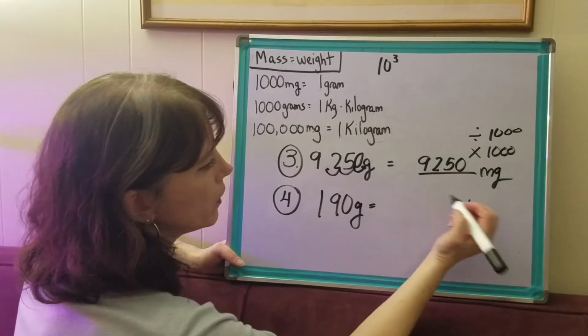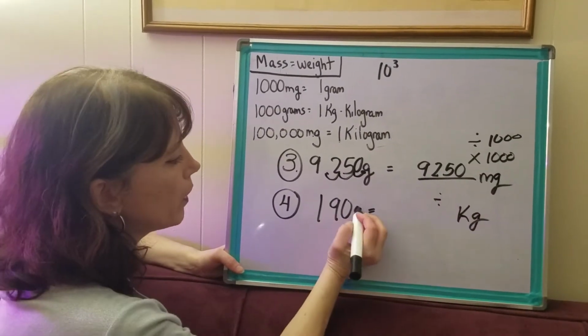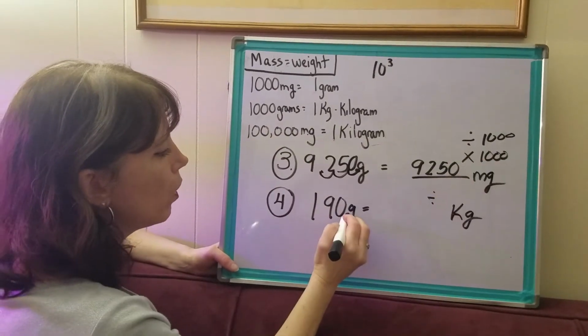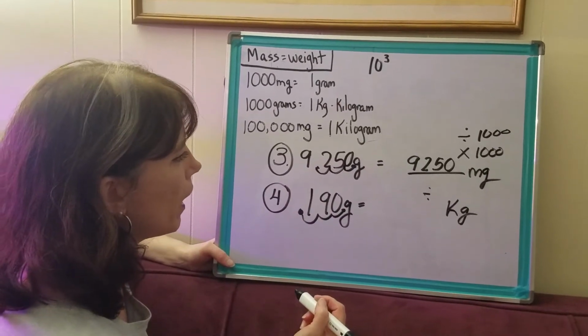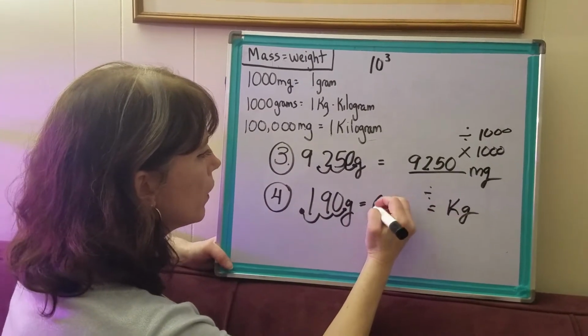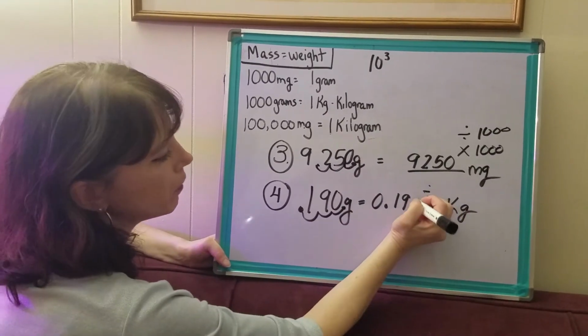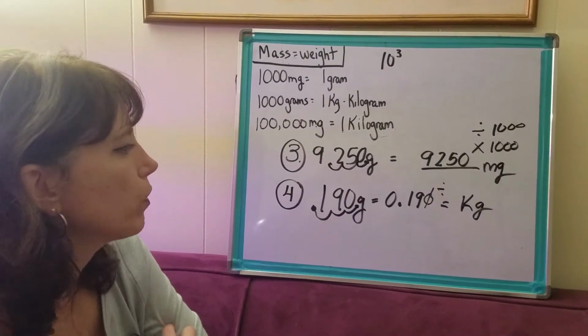I know that I need to divide. Okay, so easy way to divide by a power of 10 is to hop over however many zeros that you have. 1, 2, 3. Okay, so now I have, and I can put my placeholder there, 0.19. Okay, and I can keep the 0, but I really don't need to. It's going to be 19 hundredths of a kilogram.